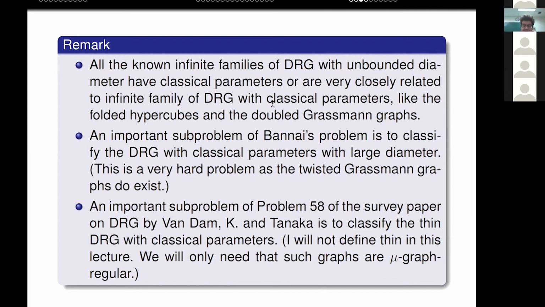I will not define thin in this lecture, but the only reason we need thin is that we use a result by Terwilliger that shows that a thin distance regular graph with classical parameters of diameter at least 5 is always mu graph regular. But I will come back to this later.